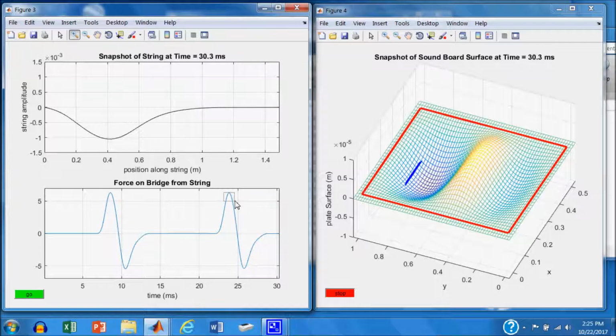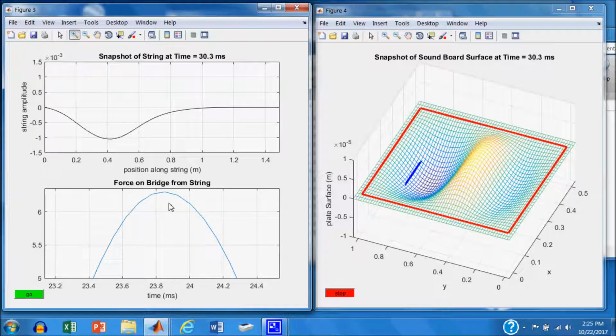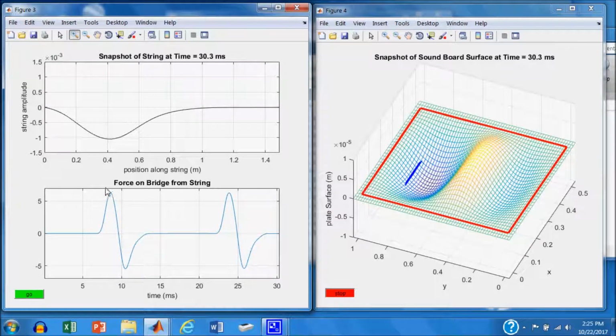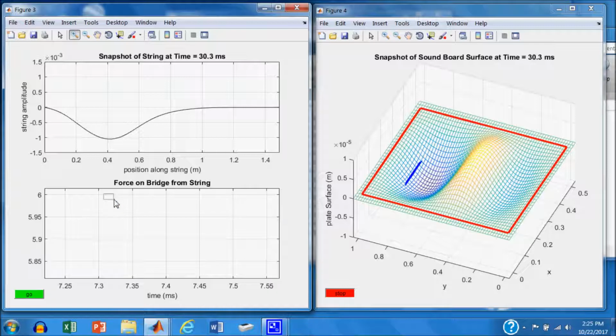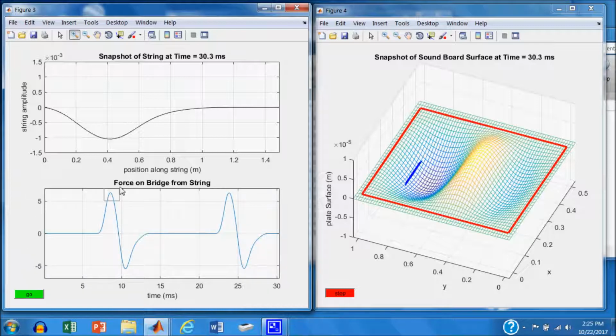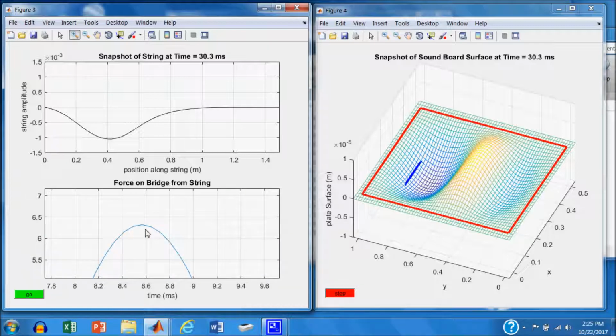And these pulses are about, let's see, where's this one? 23.8, let's say. And this one is at about 8.6. So what did I say, 23.8 minus 8.6. So they're separated about 15 milliseconds.